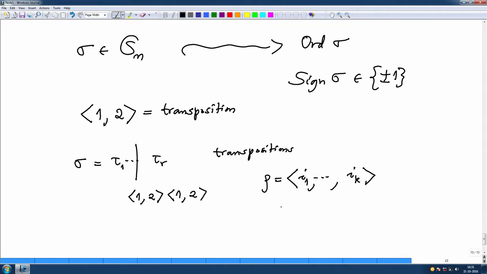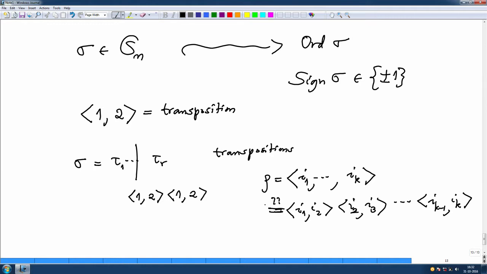For example, this one is (i1 i2)(i2 i3) and so on, the last one is (ik-1 ik). Let us check that these two products are equal.